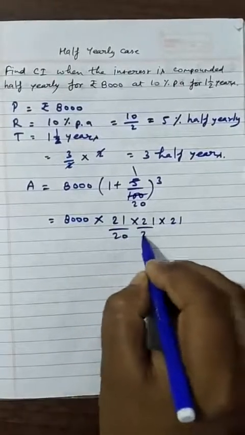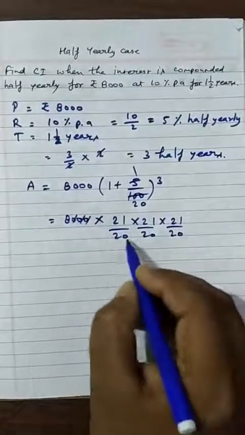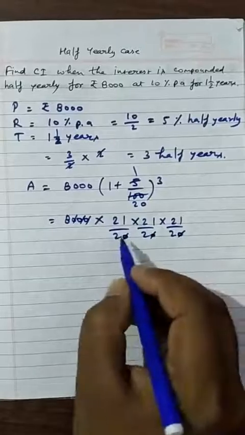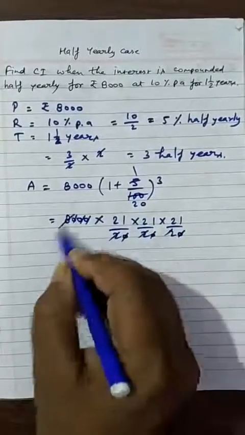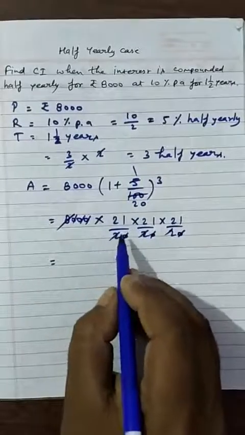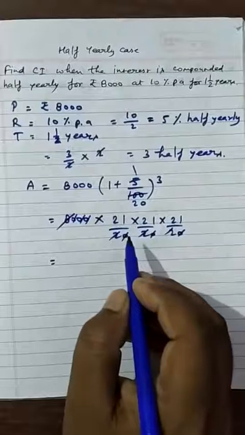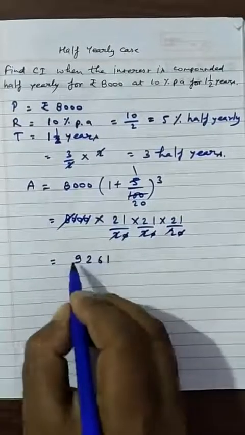Similarly 20 3 times. The zeros are cancelled. 2 2s are 4, 4 2s are 8. So these all 2s will be cancelled by this 8. Now the cube of 21 is 9261.